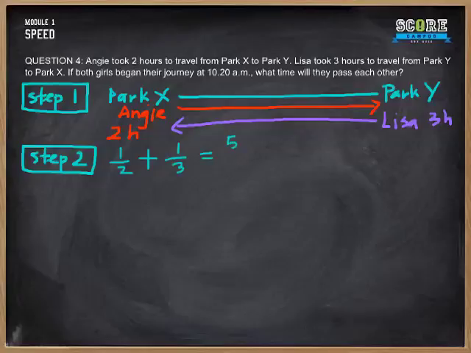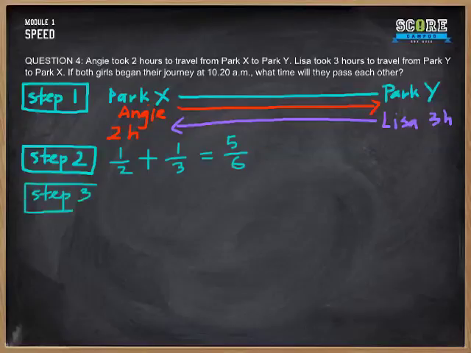They cover this amount of the journey in 1 hour. We have to understand this part for us to move on. Now that we know that together they travel 5/6 of the journey, we can find out how long it took them to cover 6/6, or the whole journey, using the units method.